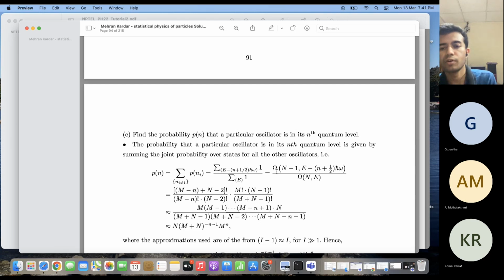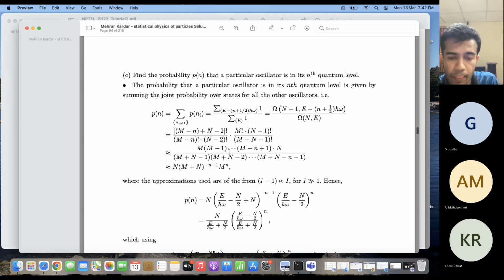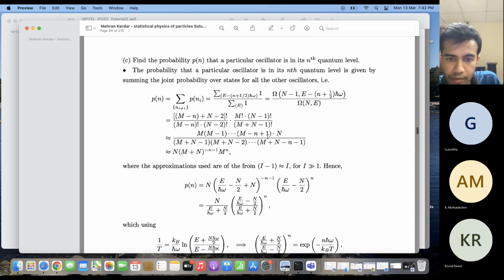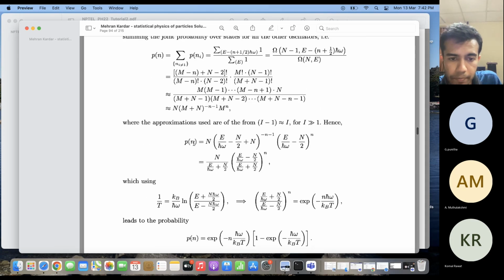So this becomes equal to the number of microstates for a system having n minus 1 oscillators with total energy equal to E minus (n plus half) h cross omega, divided by the total number of microstates which you originally had. If I calculate this quantity, this is what it turns out to be. And then in the thermodynamic limit of n and m going to infinity, I can simplify this expression further and get this particular value, and from that I can read off my probability Pn.